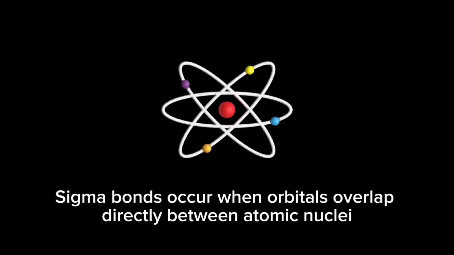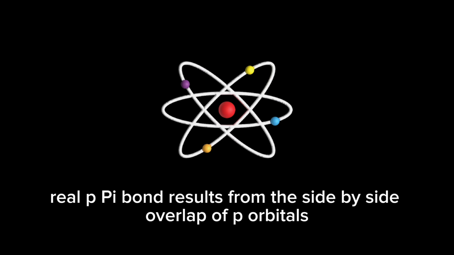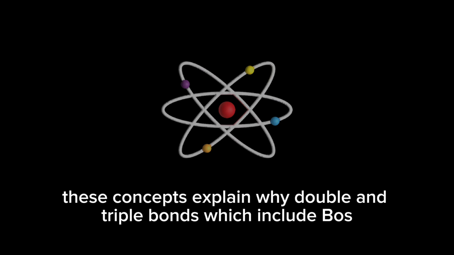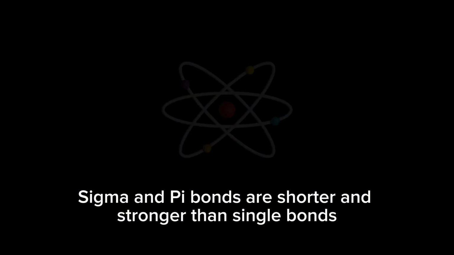Sigma bonds occur when orbitals overlap directly between atomic nuclei, while pi bonds result from the side-by-side overlap of p orbitals. These concepts explain why double and triple bonds, which include both sigma and pi bonds, are shorter and stronger than single bonds.